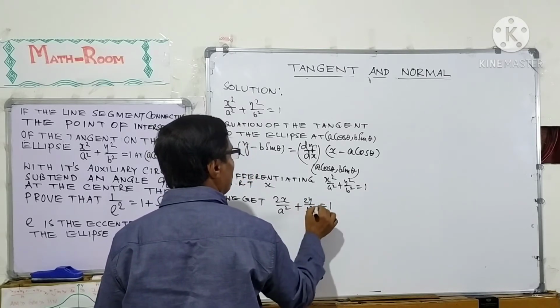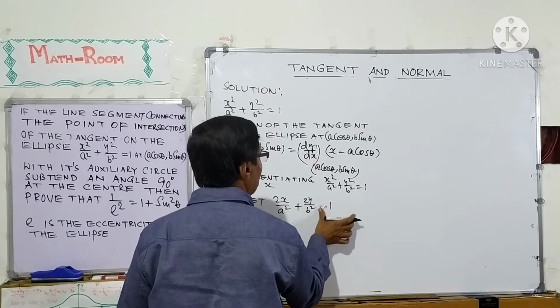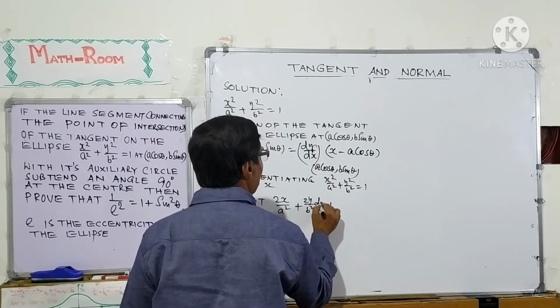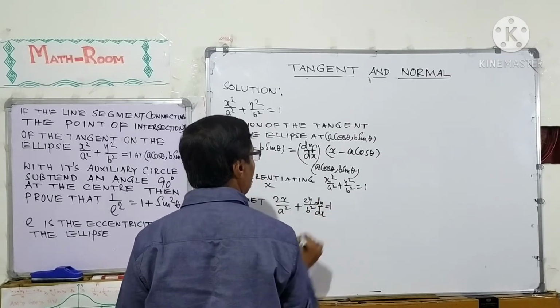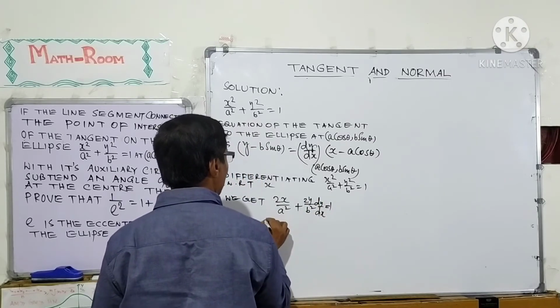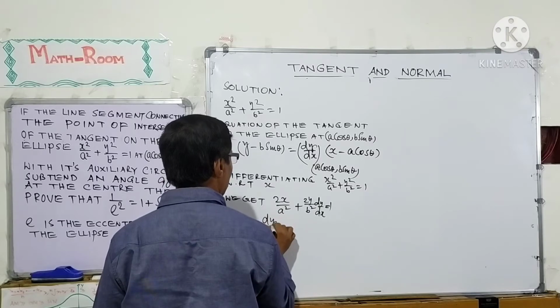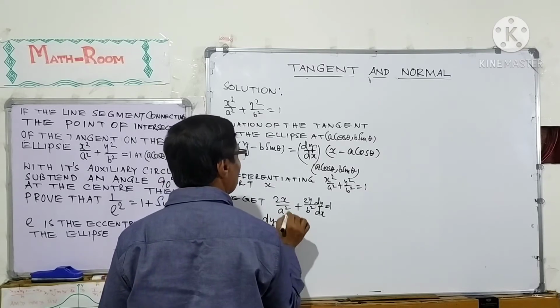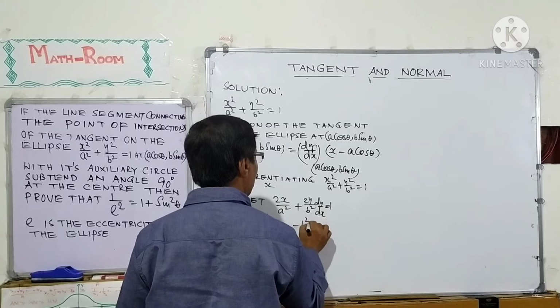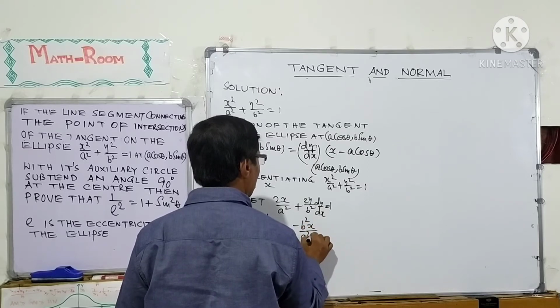times dy/dx equals 0, so dy/dx equals minus b square x over a square y.